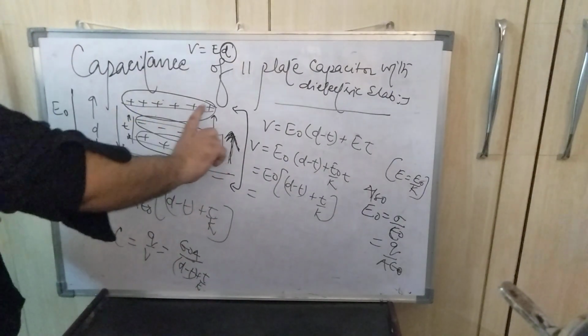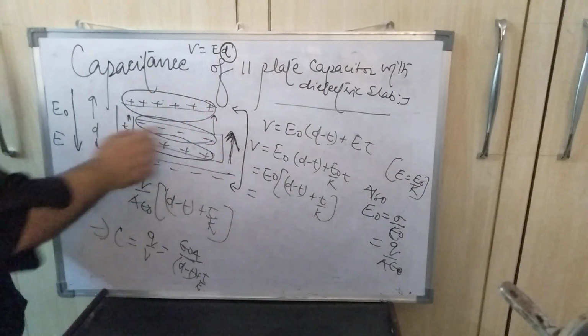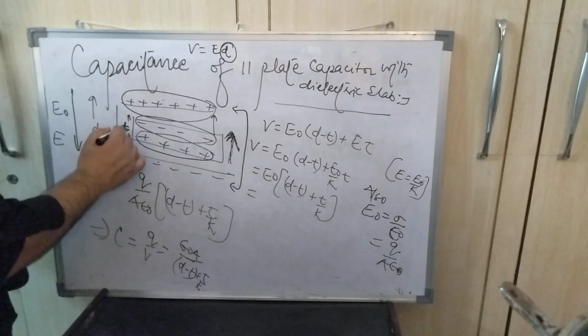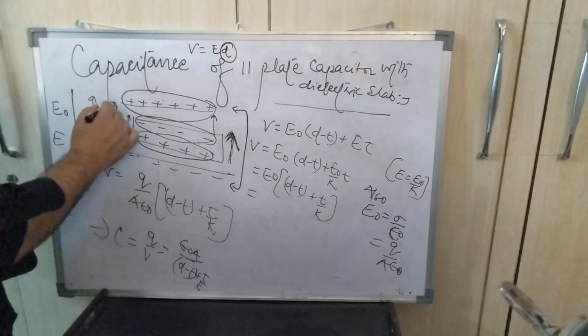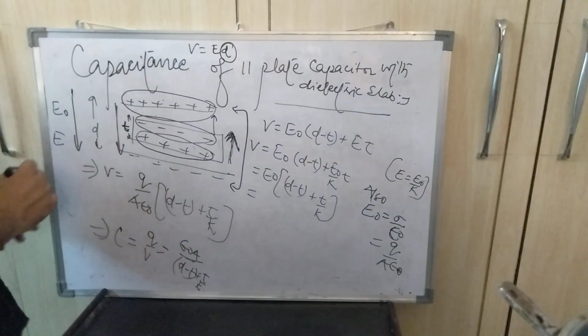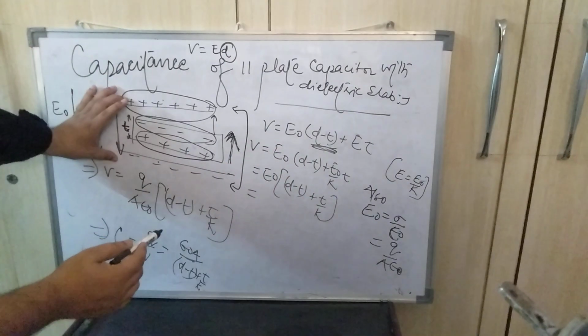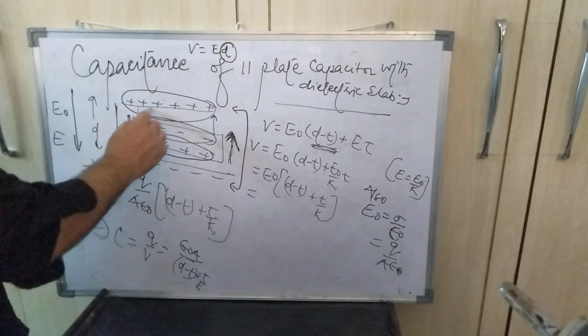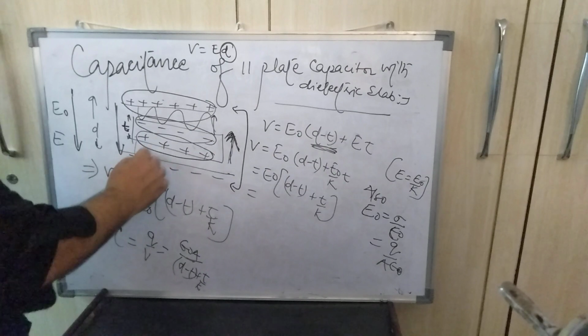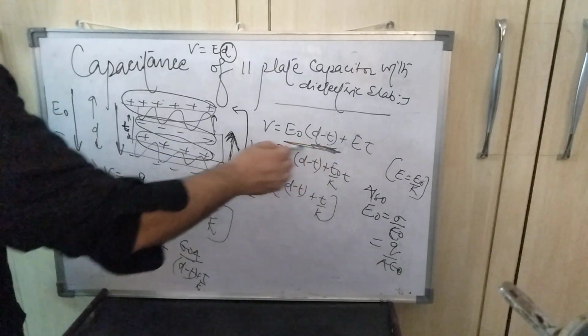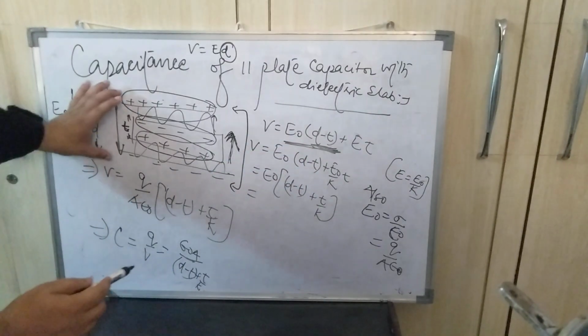These are the two plates of the capacitor, and there is a slab of thickness t meter, and the distance between the plates is d meter. Then the remaining space will be d minus t, which is free space. That should be the voltage here, in between these two plates.